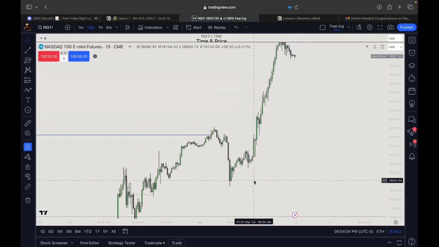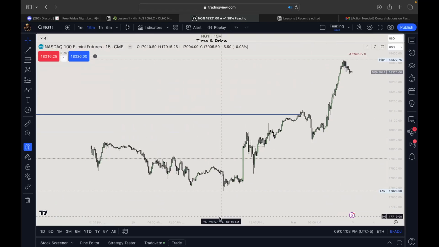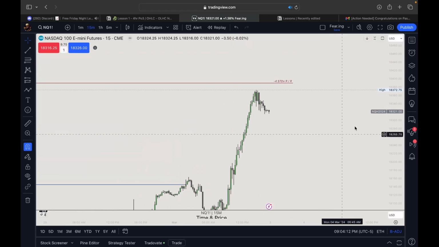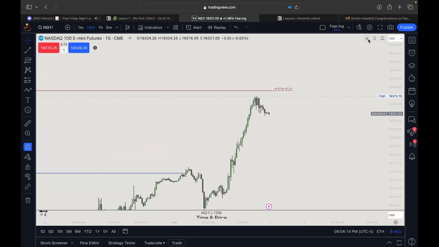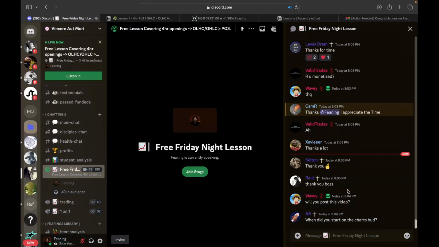So review this week, see how you could have applied it, and then going into the future, start looking at each candle as open high low close and open low high close, and start applying this to your own trading. It's going to come through experience and repetition.